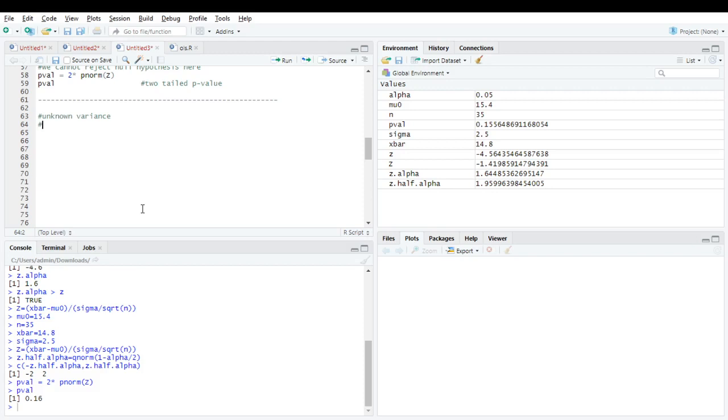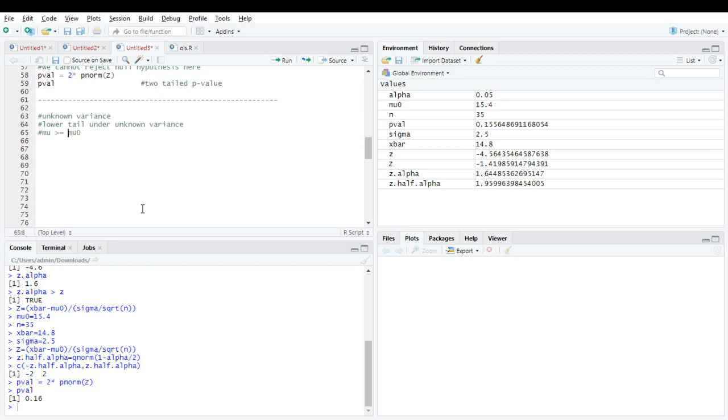So now the same thing, lower tail under unknown variance. We have same assumption here also, which is mu is greater than or equal to mu 0 for lower tail.